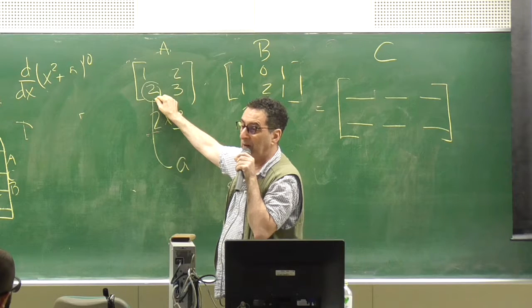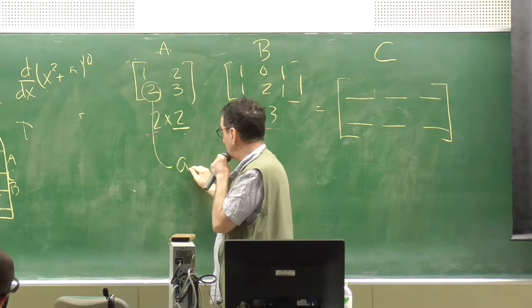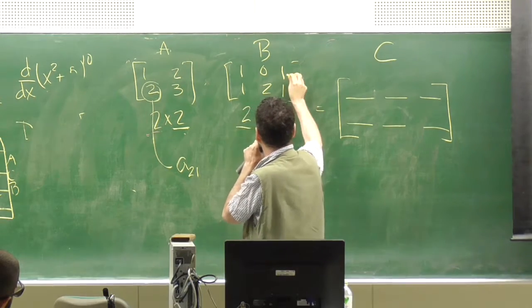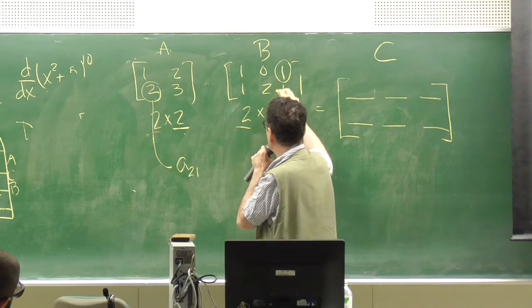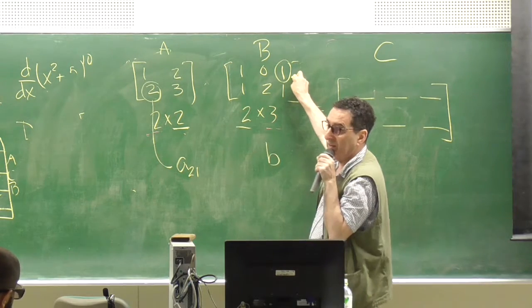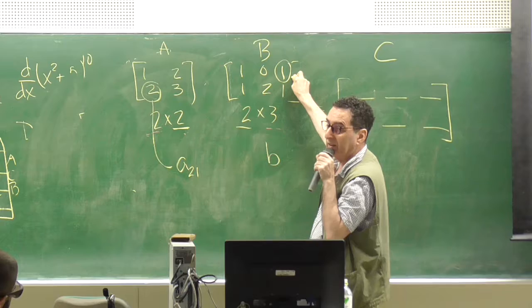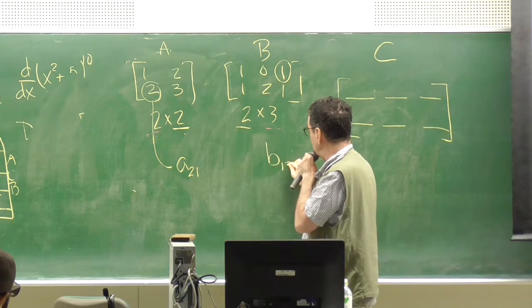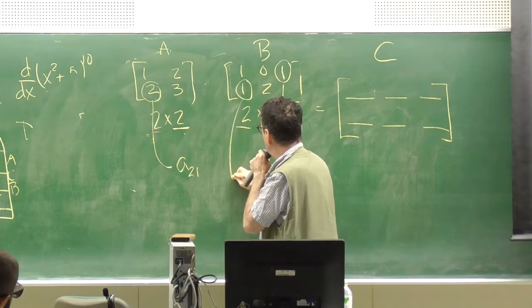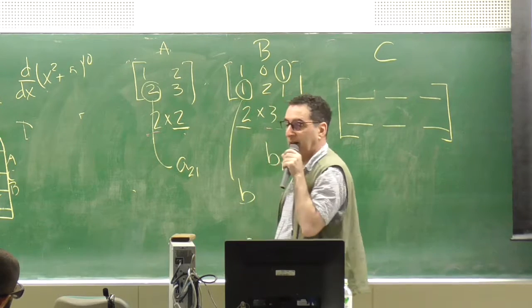Second row, first column. So we call it A21. On the other hand, this one is going to be called B something. What row is it in? 1. What column? 3. So we're going to call it B13. This one, we're going to call B something.